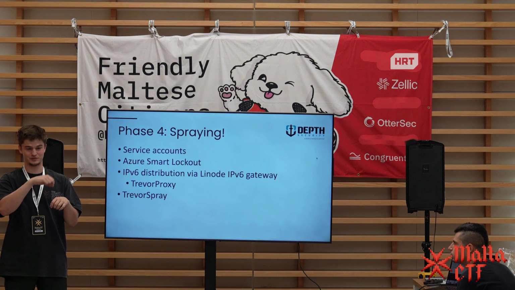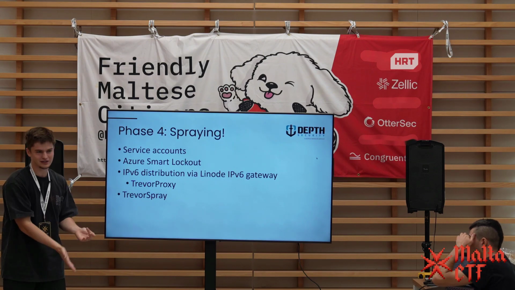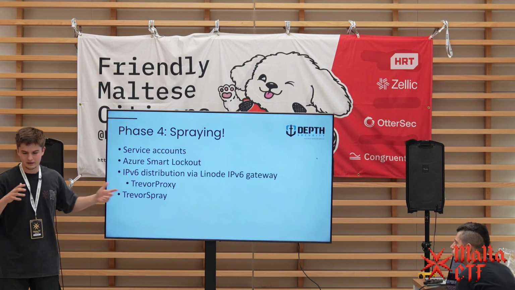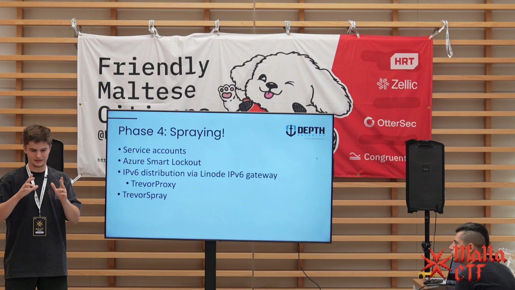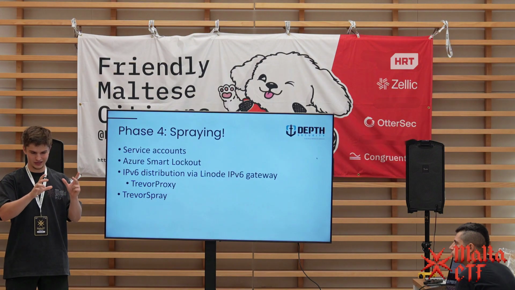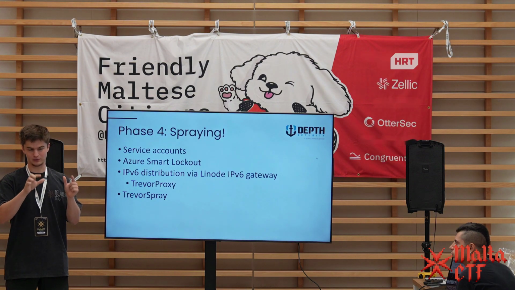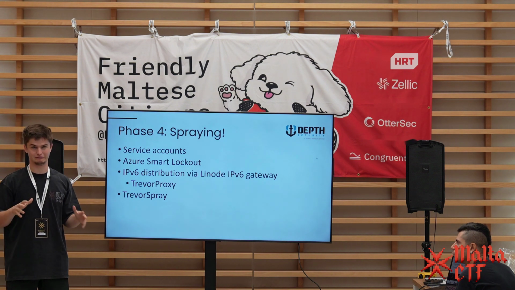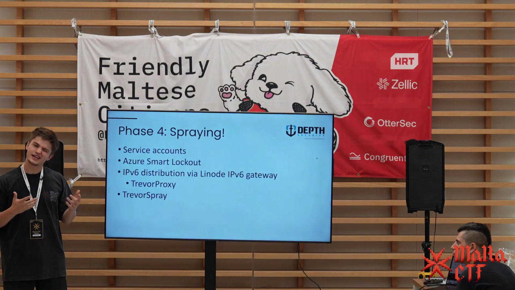If you're sending a bunch of login requests from the same IP very quickly, they're going to shut down your IP really quickly. I'll talk about how we bypass that in a moment. But also, it seems you can get about 10 good password spraying attempts per account, and then Azure Smart Lockout is going to completely lock you out for 3 or 4 days.